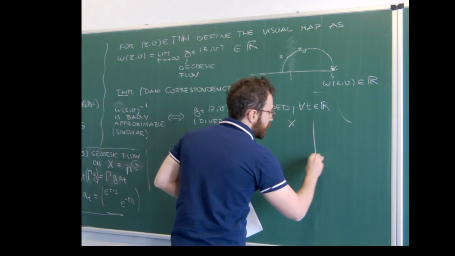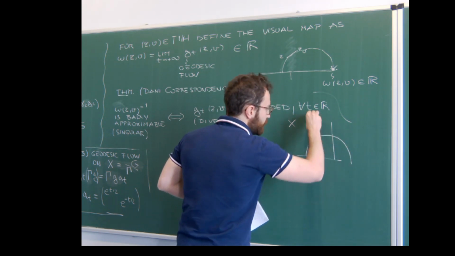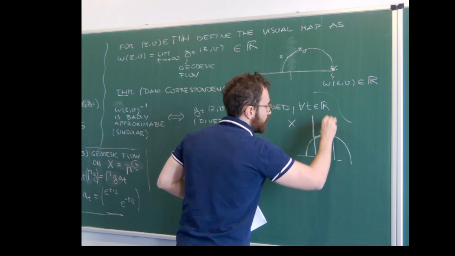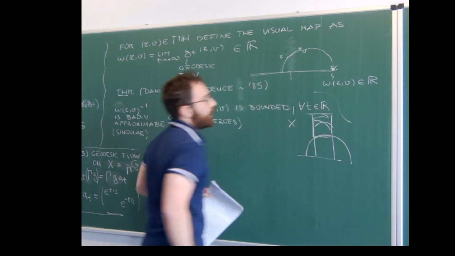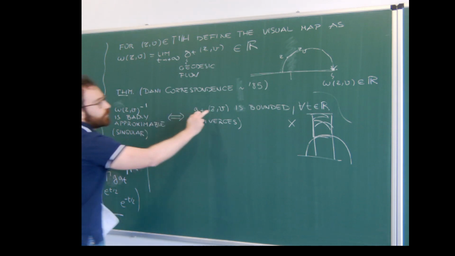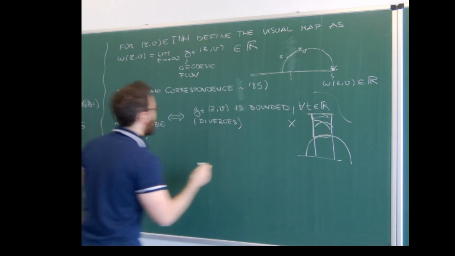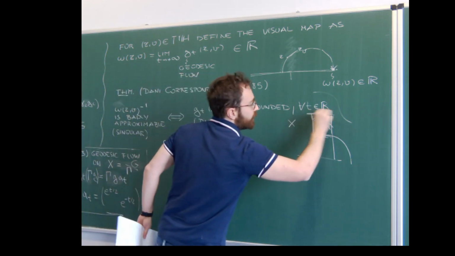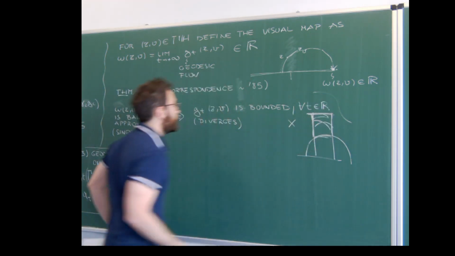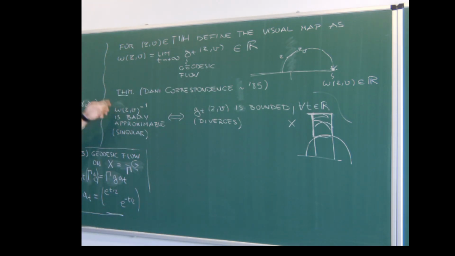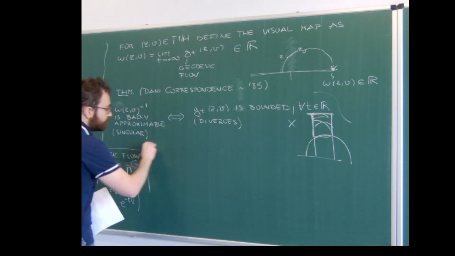Okay, so x, again, you can see x as this set here, and you will see an orbit associated to the point zv. And this orbit is bounded, meaning that it stays below a certain line in this window that you see, if and only if this hitting point inverse is badly approximable, okay?